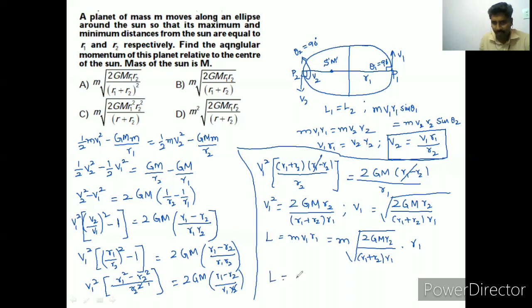So we finally get m times the square root of 2 G M r1 r2 by (r1 plus r2), since one r1 cancels. This is the final answer. Which option is correct? m into the root of 2 G M r1 r2 by (r1 plus r2). So option B is correct. Next problem we will see.